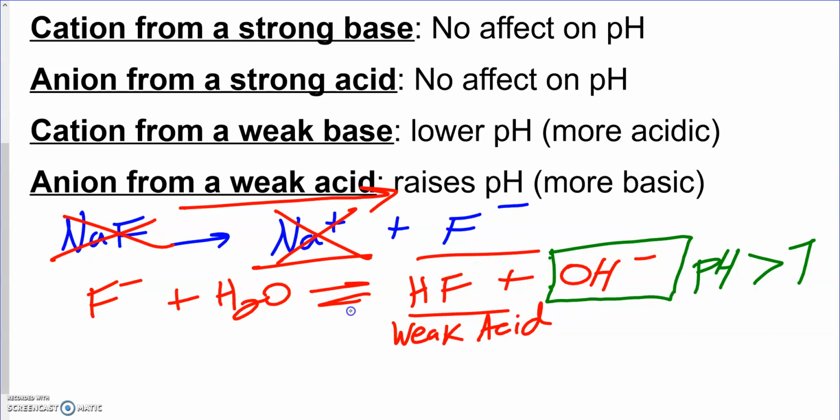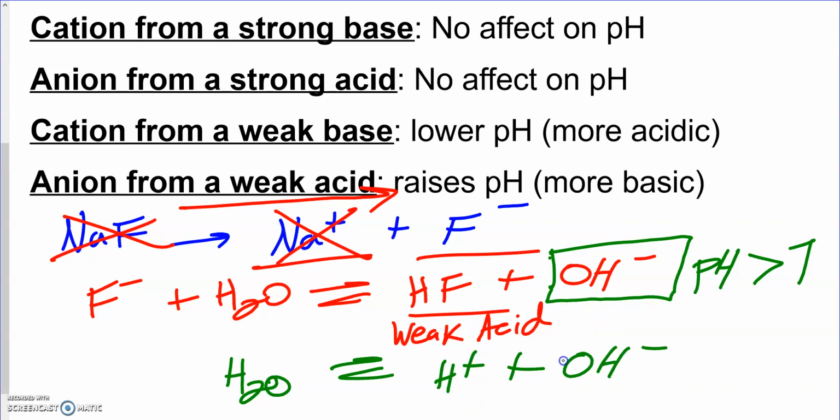HF is actually not dissociating here. It's forming versus dissociating. And if it did dissociate, it would form back into H2O and fluoride ions versus hydrogen ions and fluoride ions. So it's kind of looking at that equilibrium here. And because, again, we have the secondary equilibrium of H2O going on at all times, because we are always in aqueous solutions for our acid bases, it is this concentration increase of our hydroxide ions that is causing the formation.